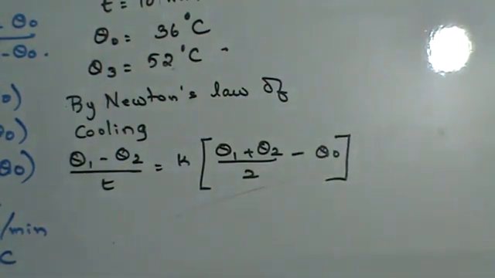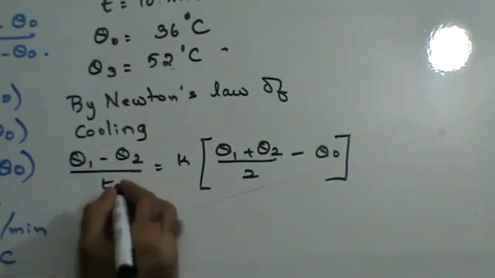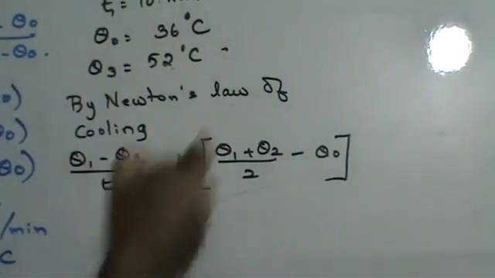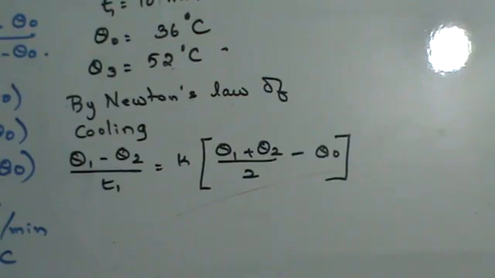Right? So here I know theta 1, theta 2. I don't know K and I don't know T. Okay, T1 is given to you, in 10 minutes. So I'll come to know the value of K when I solve this equation.